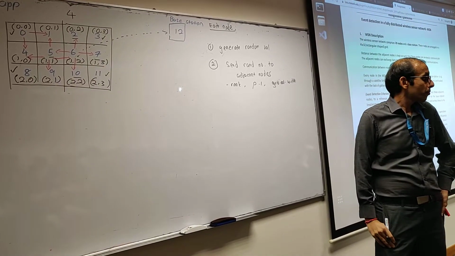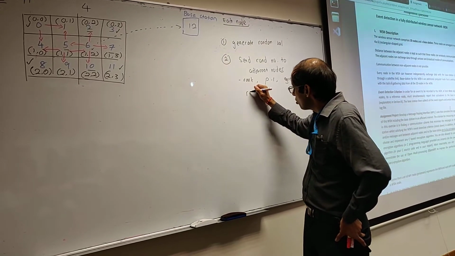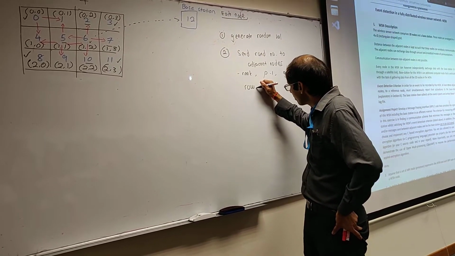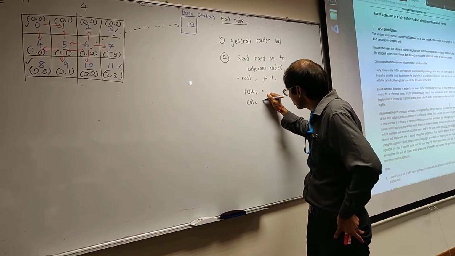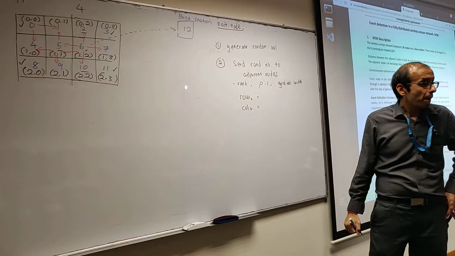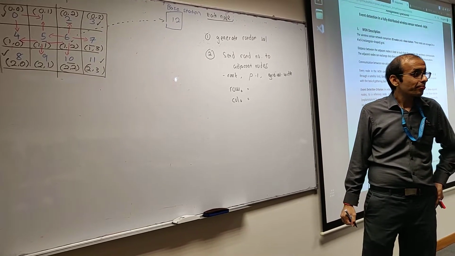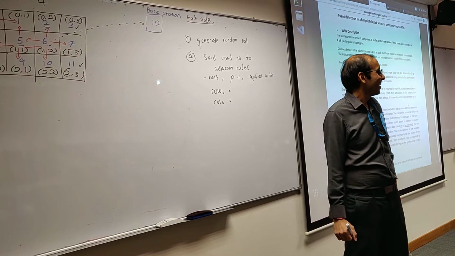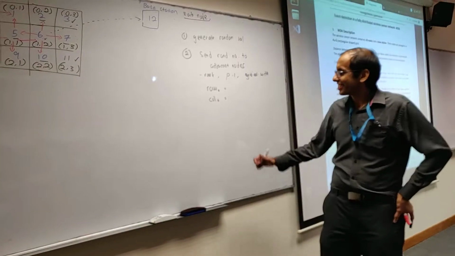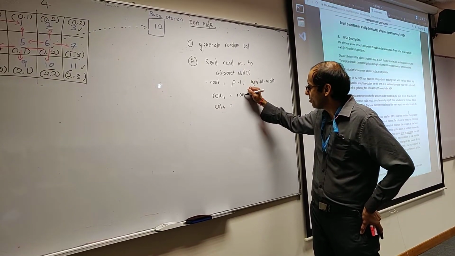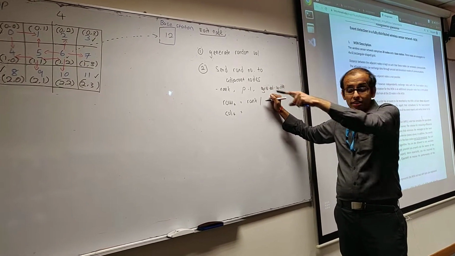What's the idea? How do you get the row position for rank 6? What is the column position for rank 6? What's the formula? Who can tell me? Anyone? So you take the rank value and divide by the grid column width.